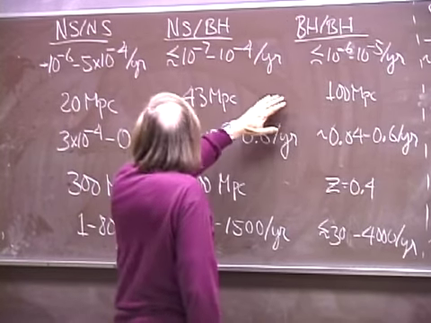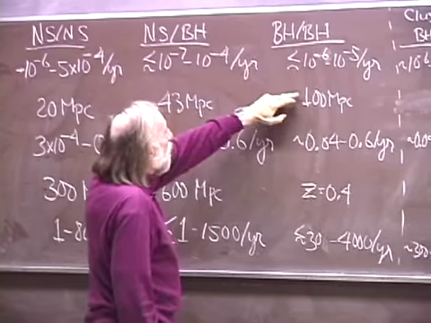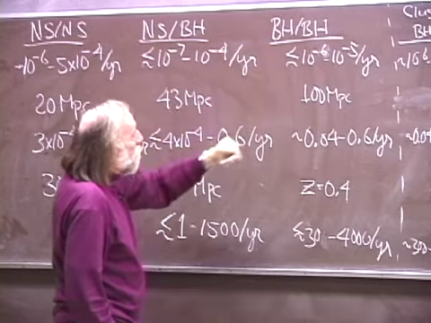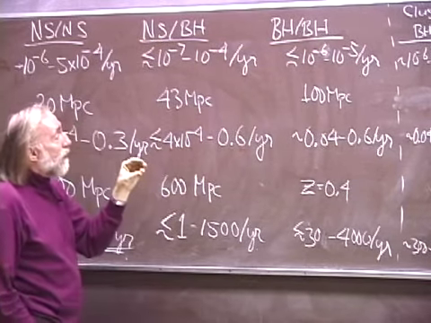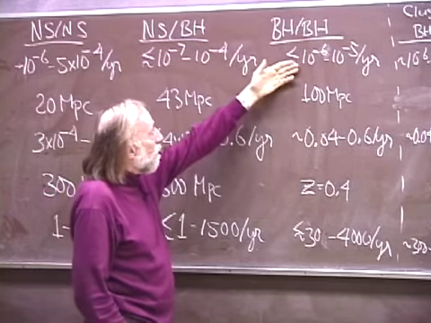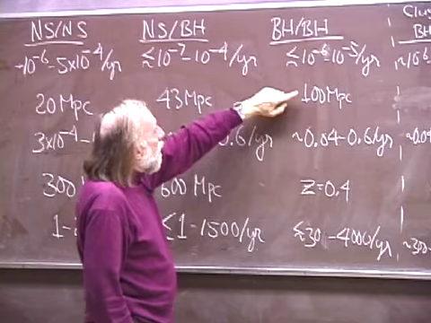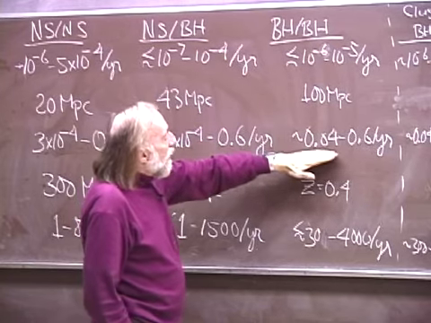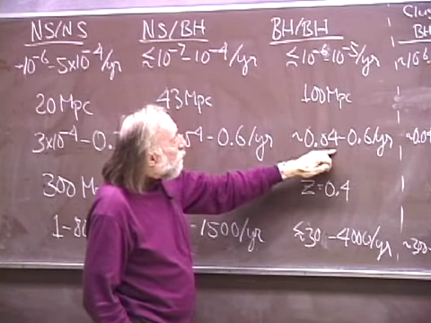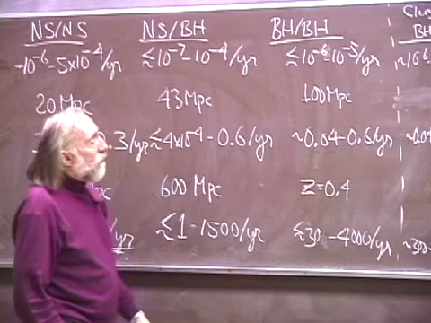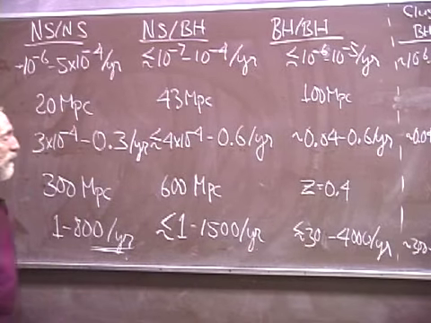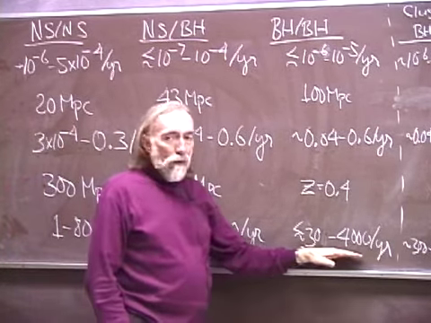And then for black hole binaries, I've just assumed 10 solar mass black holes here. Stirl tends to choose 7 solar mass black holes, which would give numbers a little bit smaller. The first interferometers, again, it's 1 every 25 years to 1 every 2 years. Advanced interferometers, 30 to 4,000 per year.